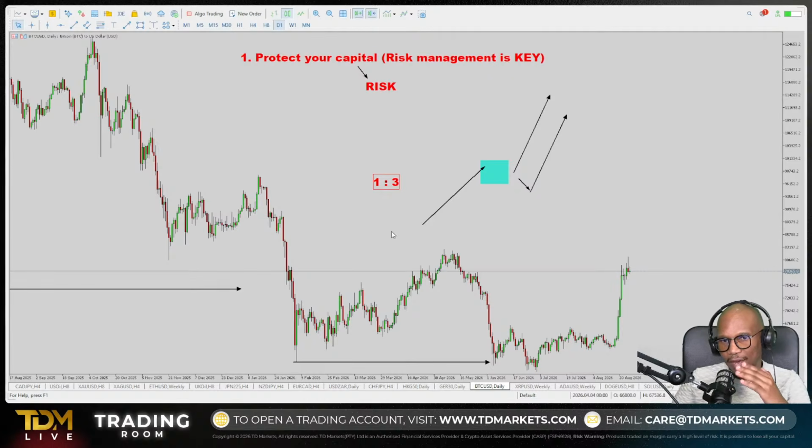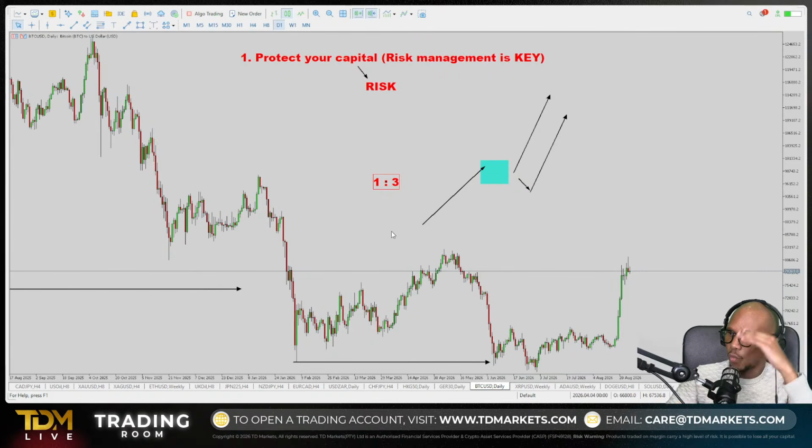Because what's going to happen is, even if you want 1 to 3, the more you take your 1 to 1s, you're going to start developing a habit of taking 1 to 1 trades. And for your style of trading, for your strategy, that might not be good. You see that?